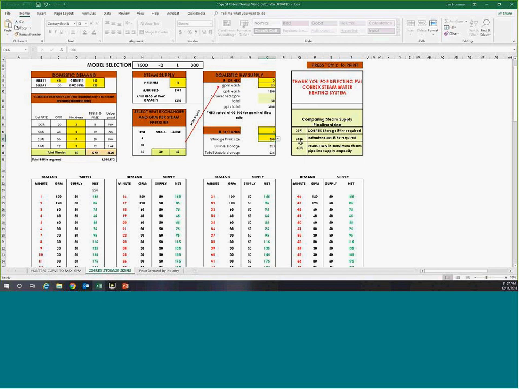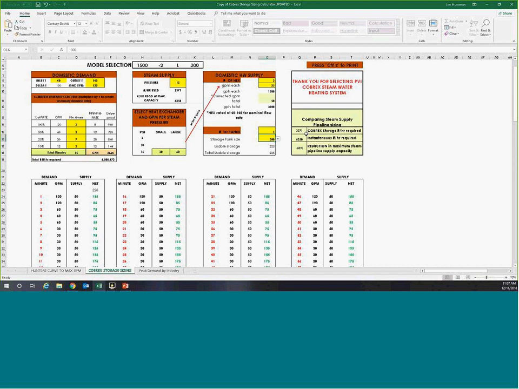So in an instantaneous type configuration, we'd be using upwards of almost 6,400 pounds an hour of steam. With a COBREX storage, where we're splitting those between 2 25-gallon-a-minute heat exchangers with a small, 300-gallon storage tank, we reduce that down to just under 2,400 pounds an hour.